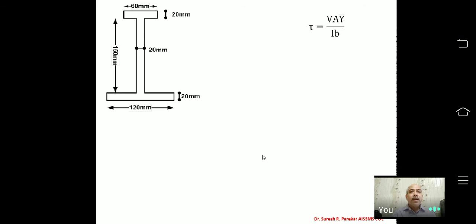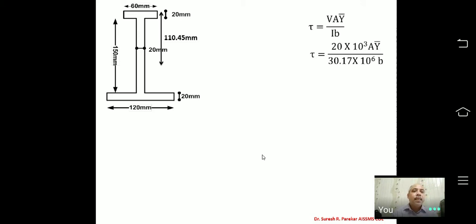Now we have to plot the shear stress distribution. So the tau formula we have is V A y bar upon I B. Y bar is at 110.45. Now V is 20 kilonewtons.